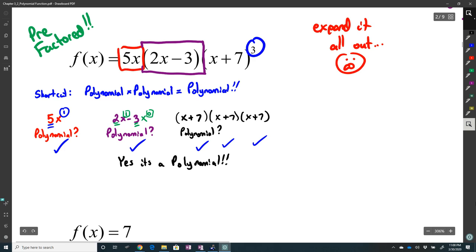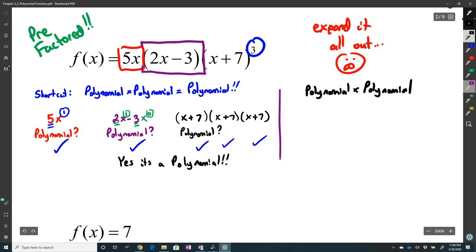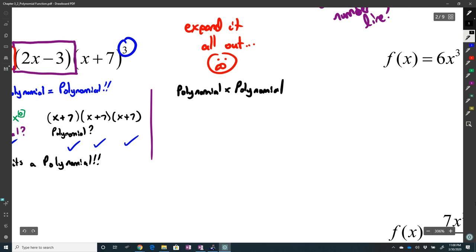All right, so the rule for the degree is that when you're multiplying a polynomial times a polynomial, what you do is you add the degree. So polynomial times a polynomial equals a polynomial. We went over that.